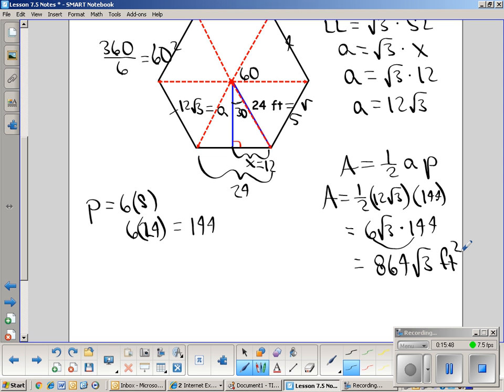Now, if they said to round to the nearest tenth, some of you on your calculators, you've not done this before, especially if you've had Mr. J. To get your calculator not to have a square root in it, you have to go Control Enter. And you'll notice above the enter sign there's a little squiggly equal sign, which means approximately equal to.